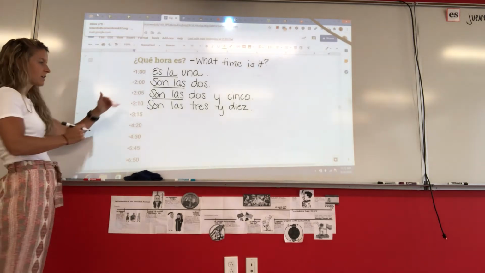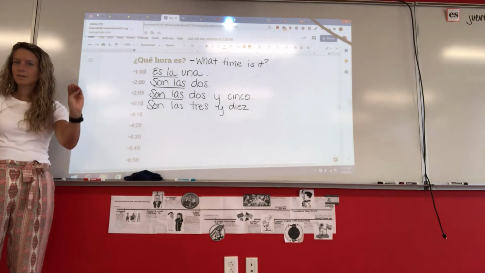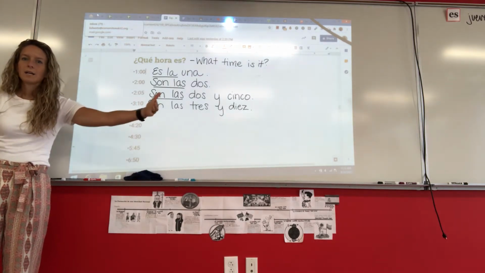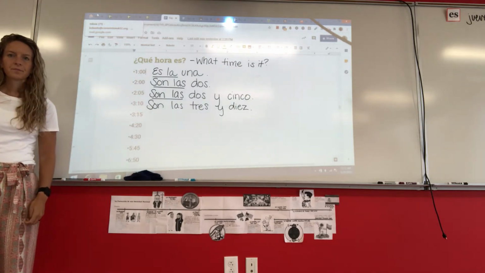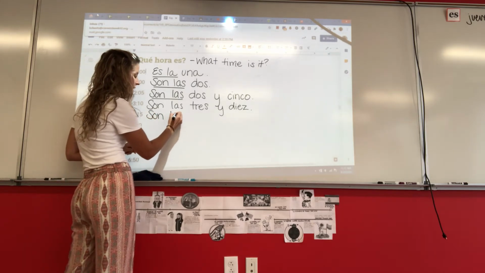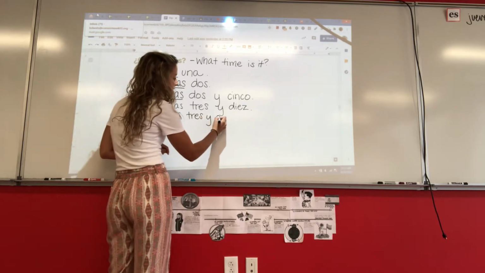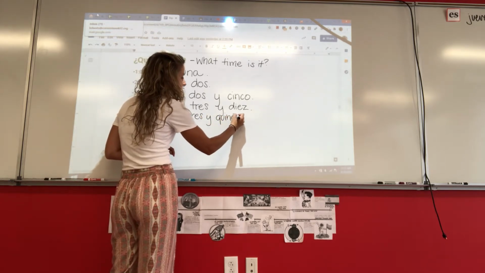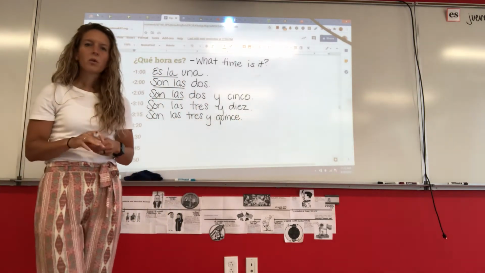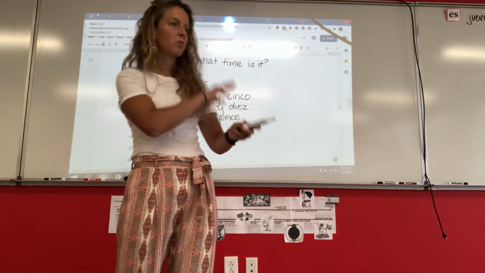All right, go ahead and write it like you did up here, just with that formula of writing the son las, then the hour, the letter that we use for and, that y, and then the minutes. So you should be writing son las 3:15 and 15. Perfecto, great.